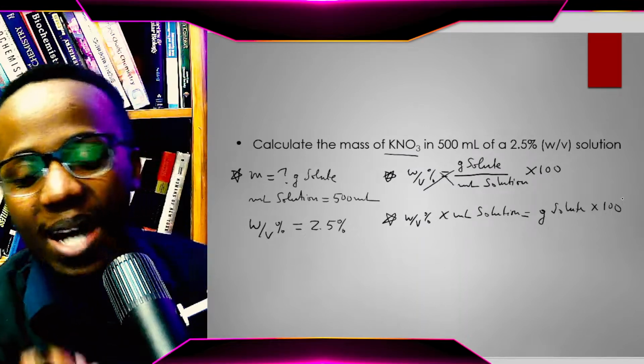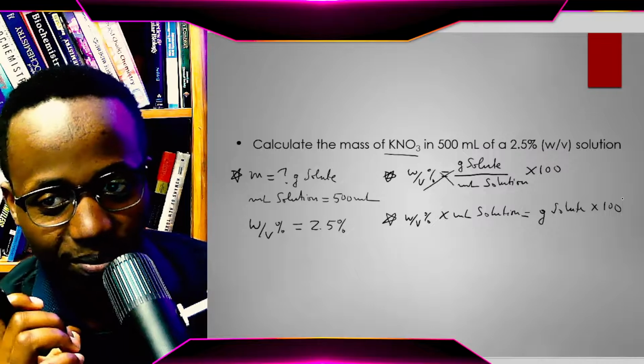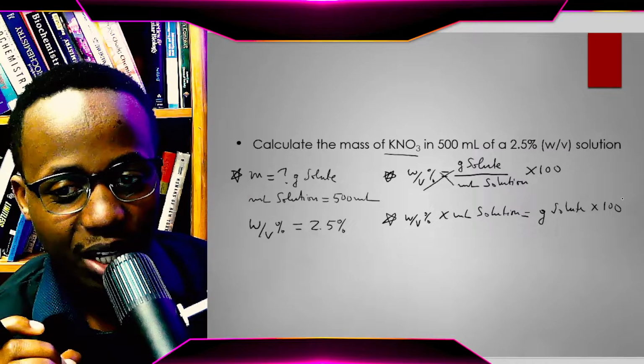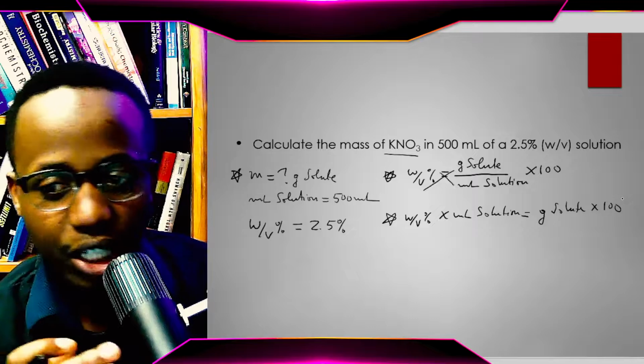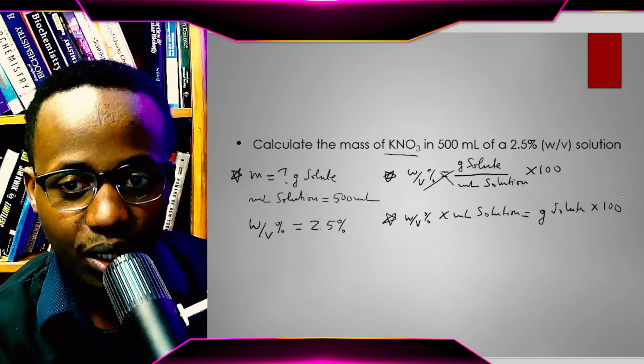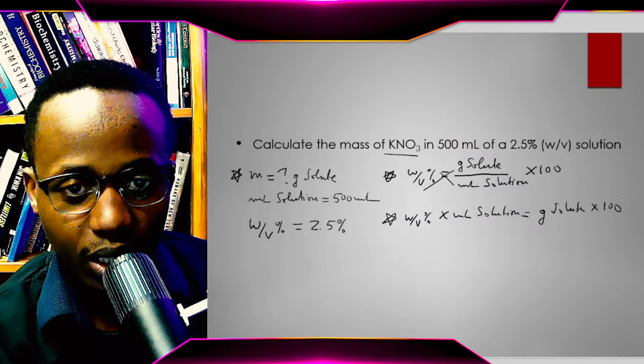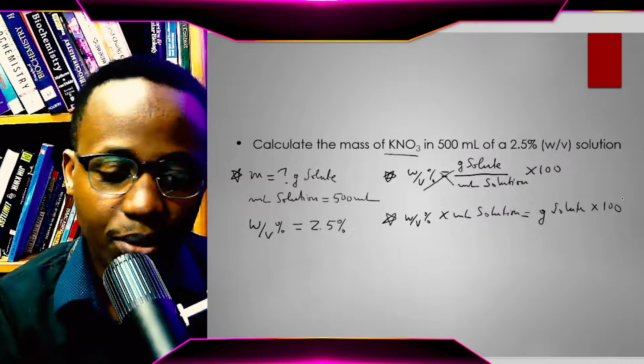All right, that's the hard part, the cross multiplication. After you did that, you're good. So now all you need to do is solve for what we need. What do we need? We need the grams of solute.